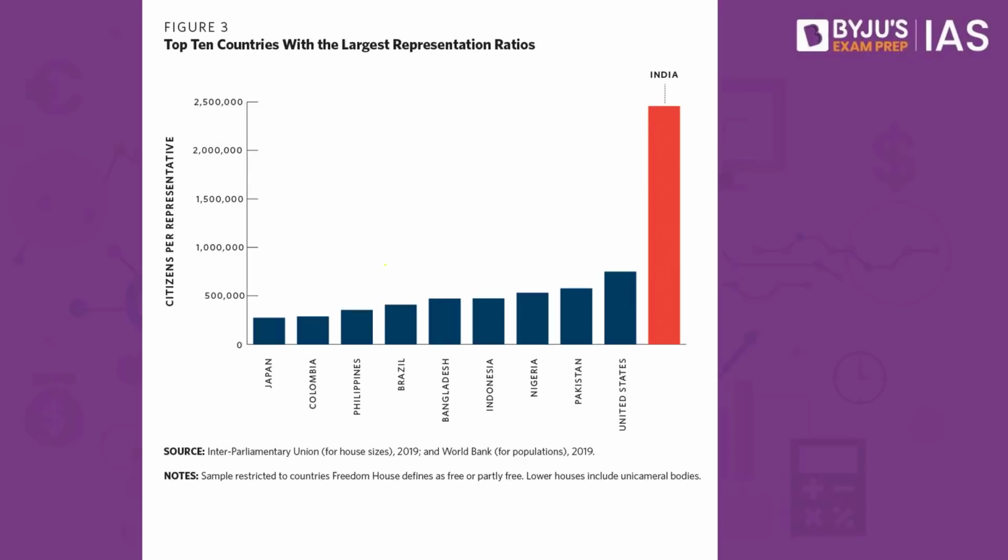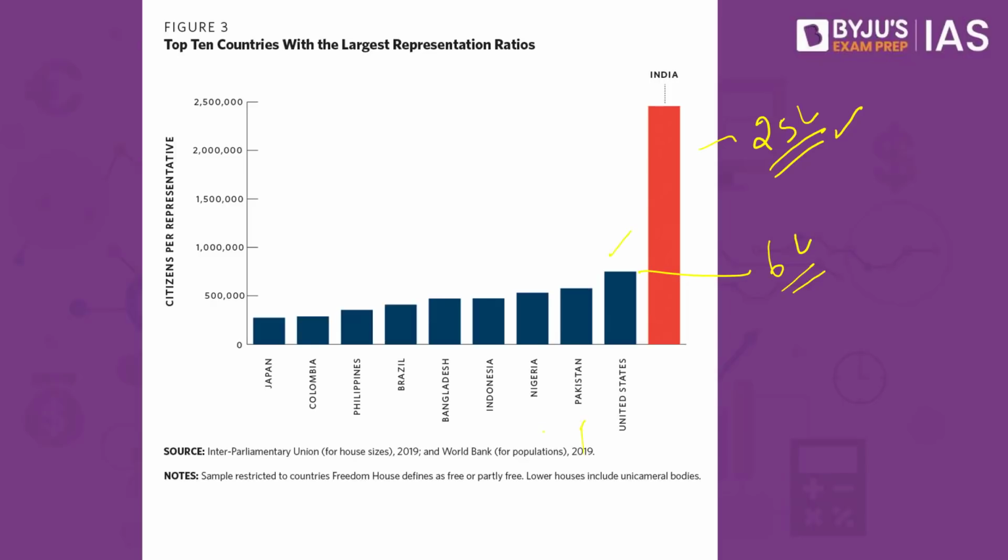See here. These are the top 10 countries around the world in terms of how many people do their members of parliament represent. As you can see, in India, on an average, a member of parliament represents 25 lakh people. The second in terms of this number is the US, where this average is close to only 6 lakh people.